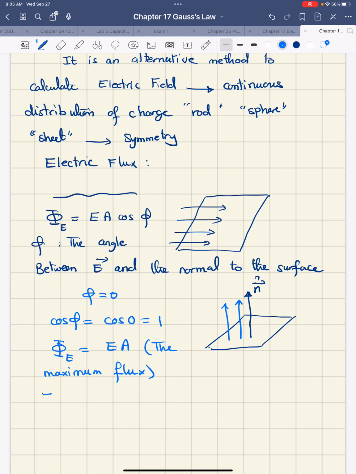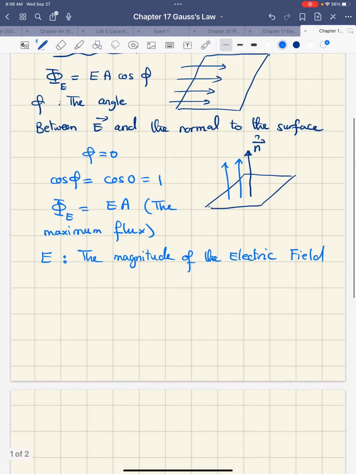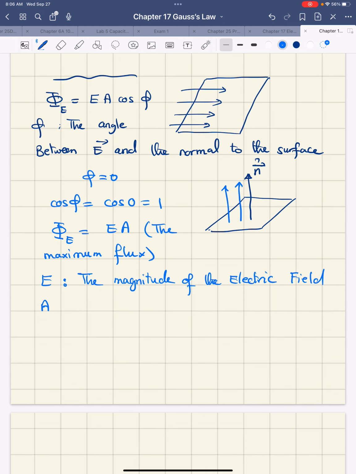And of course, E here is the magnitude of the electric field, and A is the area. And the area, of course, should be in meters squared.